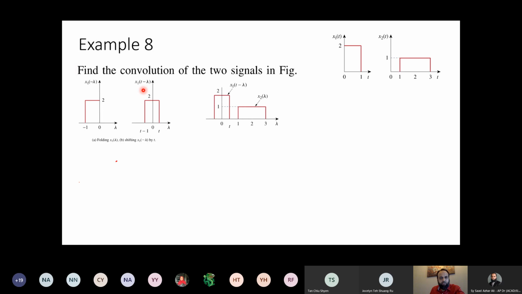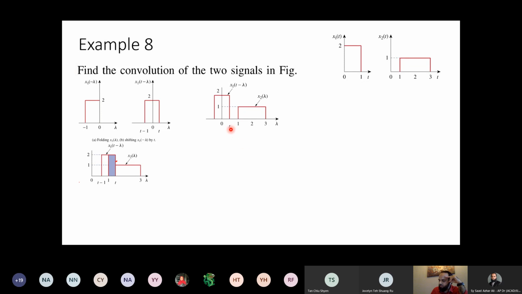All right, then we start sliding. We slide this function over this function, and we see when it starts to overlap, when it's completely overlapping, when it starts to leave the function, and when it has already left it. So you see we started to slide it at t equal to 1.